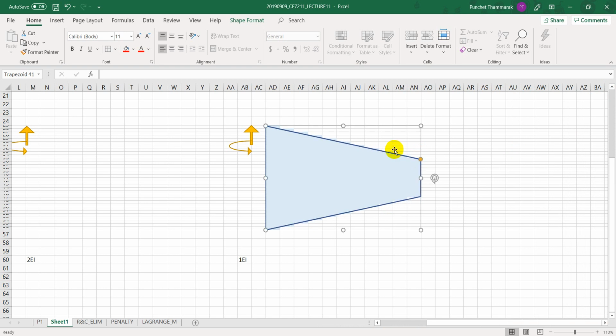Okay, I just simplify it so you get some idea. So basically you discretize one beam into, I need 16 sub-beams.